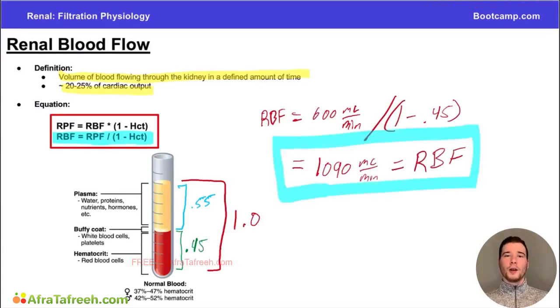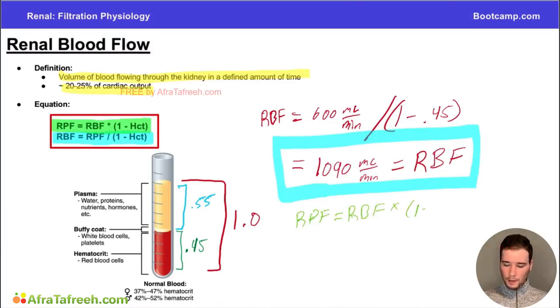We can also check our work by essentially doing the opposite equation, right? So let's say they gave us 1090 milliliters per minute of renal blood flow and wanted us to calculate renal plasma flow. Well, now we would use the top equation. Renal plasma flow equals our renal blood flow times 1 minus hematocrit. The renal blood flow would have to be given to us because we need one to calculate the other.